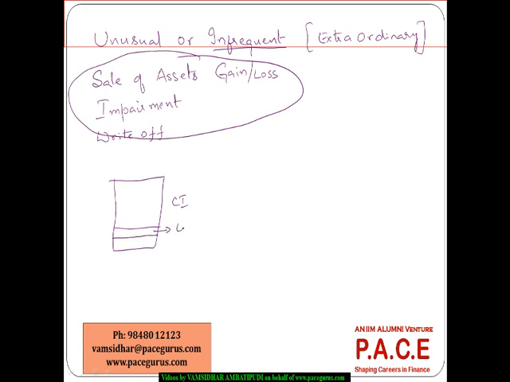So typically unusual or infrequent items are shown before tax, and on top of that the tax is computed and the net income is arrived at. So they are going to impact the net income. So probably the analyst may think of keeping them rather than removing them from the analysis.